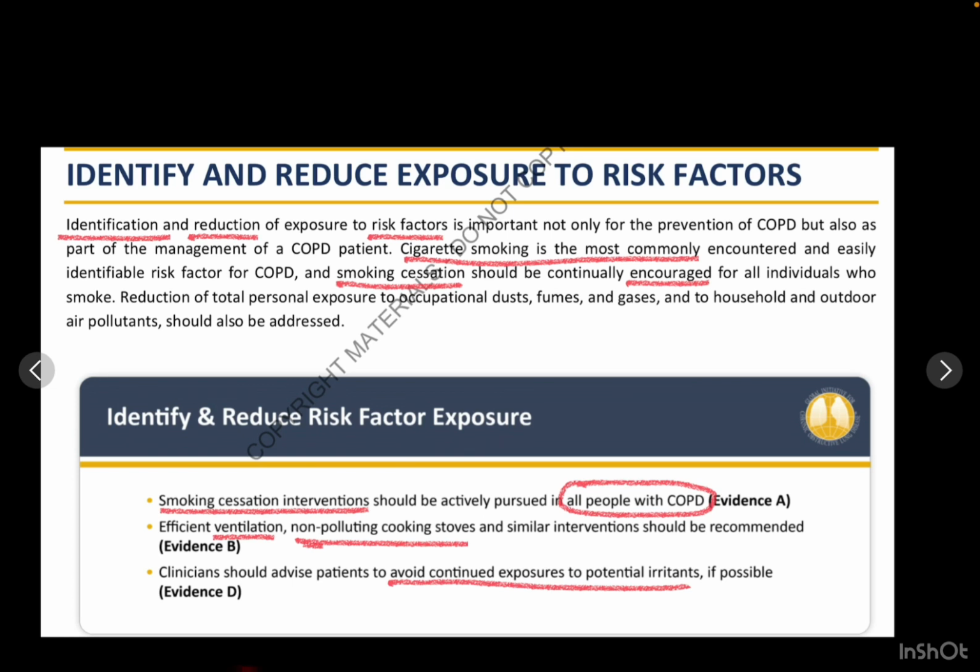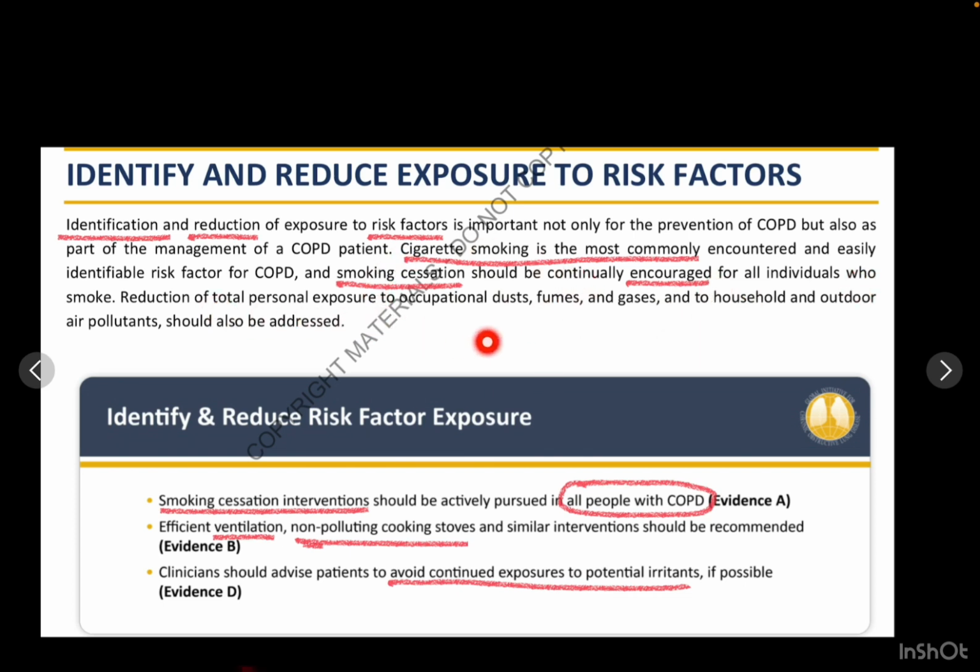Identification and reduction of exposure to risk factors is important not only for the prevention of COPD but also as part of its management. Cigarette smoking is the most commonly encountered and easily identifiable risk factor for COPD, and smoking cessation should be continually encouraged for all individuals who smoke.